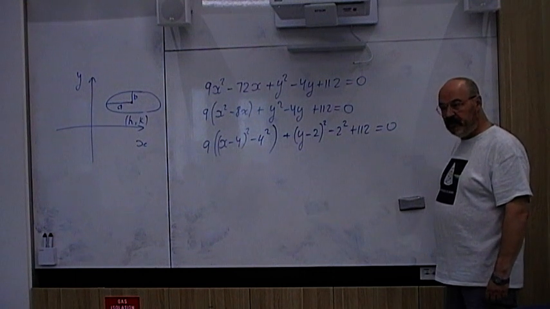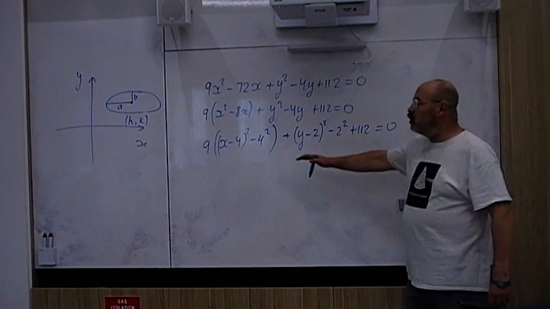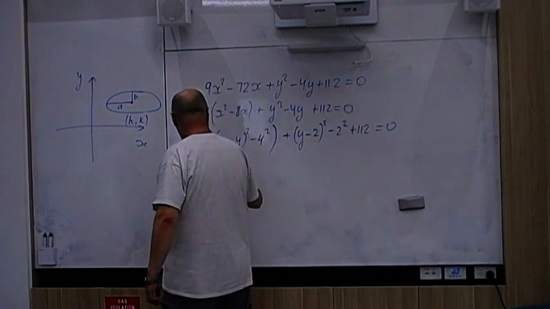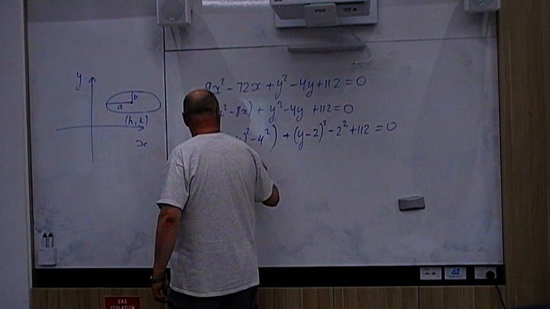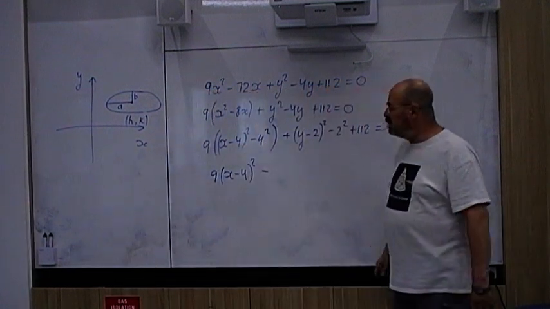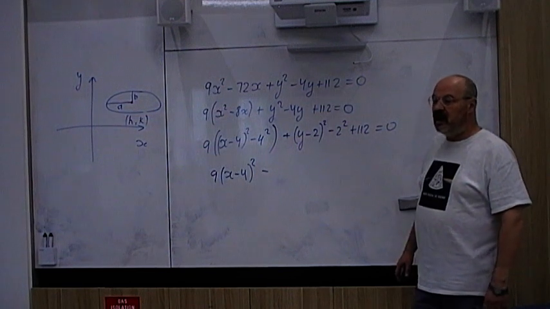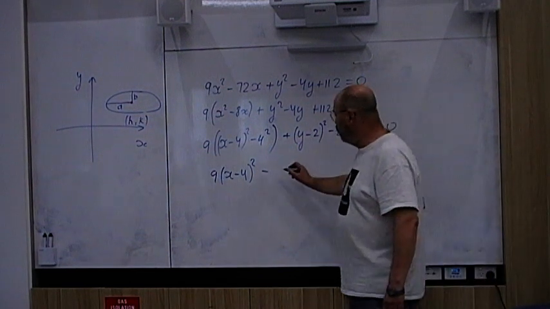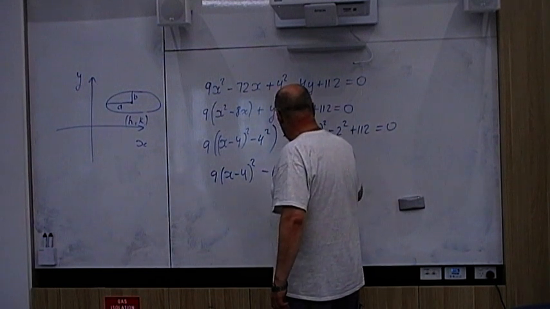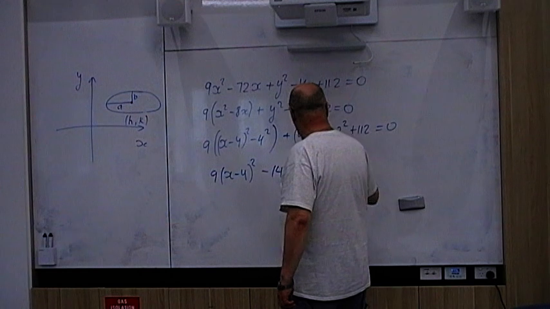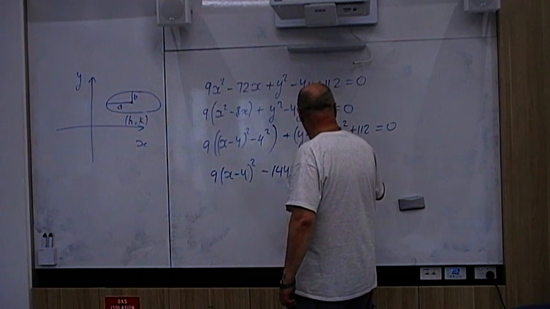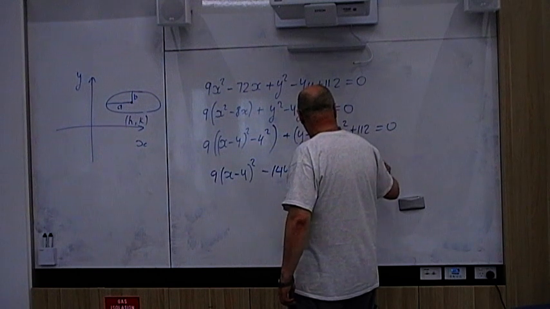Expand brackets, I mean expand only this bracket. So we have 9 times (x minus 4 squared) minus 4 squared, 16, 16 times 9 is 144, minus 144, plus y minus 2 squared, and we have minus 2 squared, so we have plus 108 equals 0.